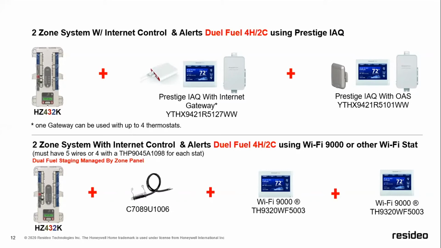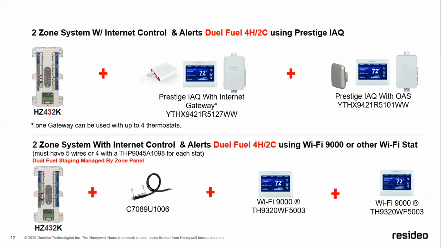And basically this helps the balance point portion to take place in a dual fuel application, so that below balance point we'll be bringing on the gas or oil furnace, and then above that we'll be operating the heat pump.